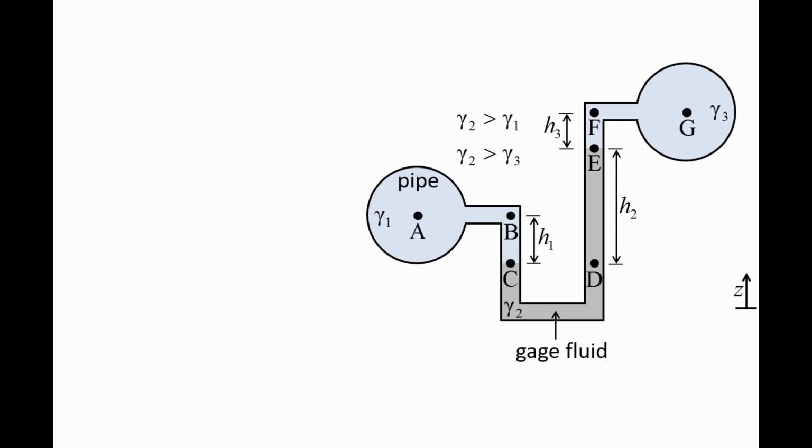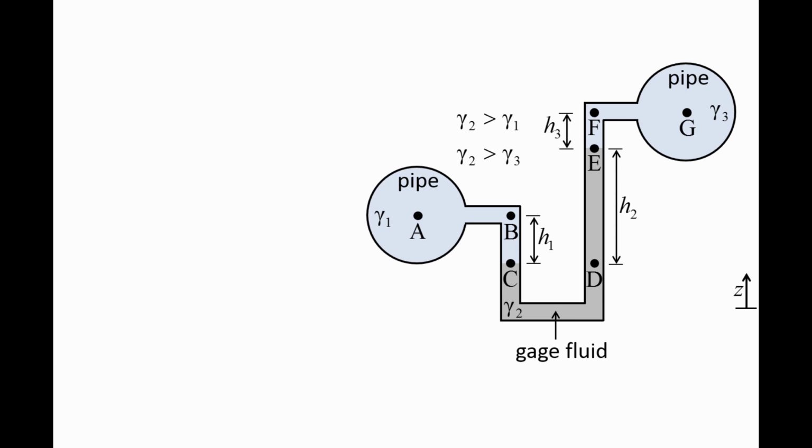The U-tube manometer also can be attached to another device instead of being exposed to the ambient environment. And here we connect the end of the tube to another device, perhaps a different pipe or a different section of the same pipe. Point E now corresponds to the interface between the gauge fluid and the fluid in the pipe, which has a specific weight of gamma 3.